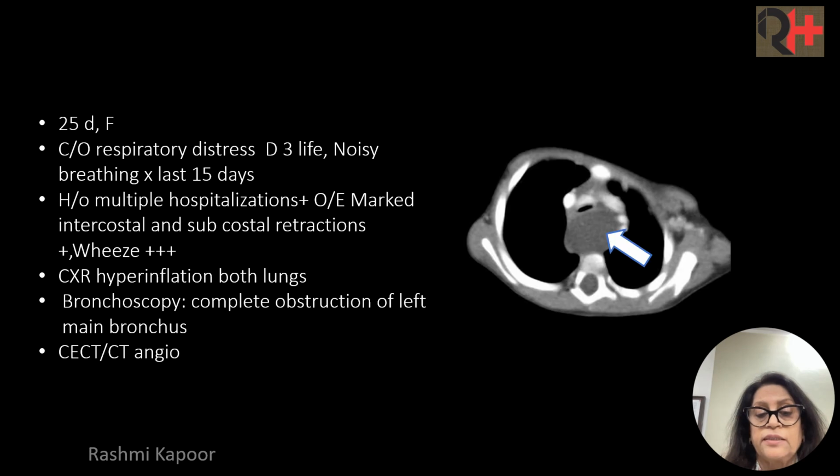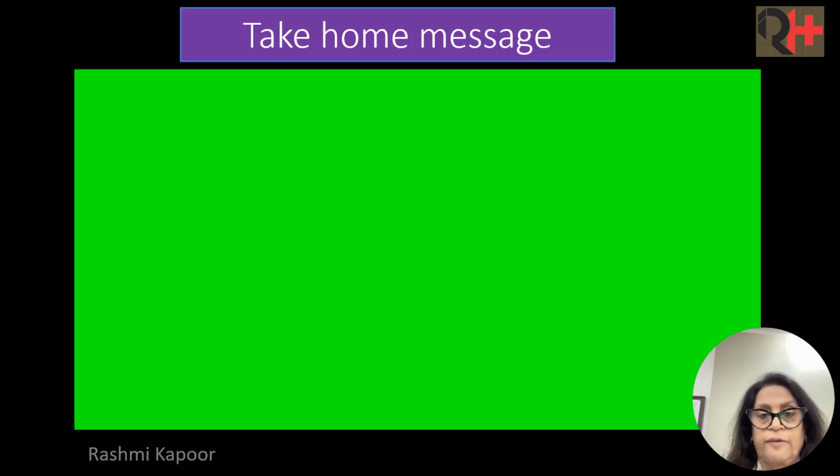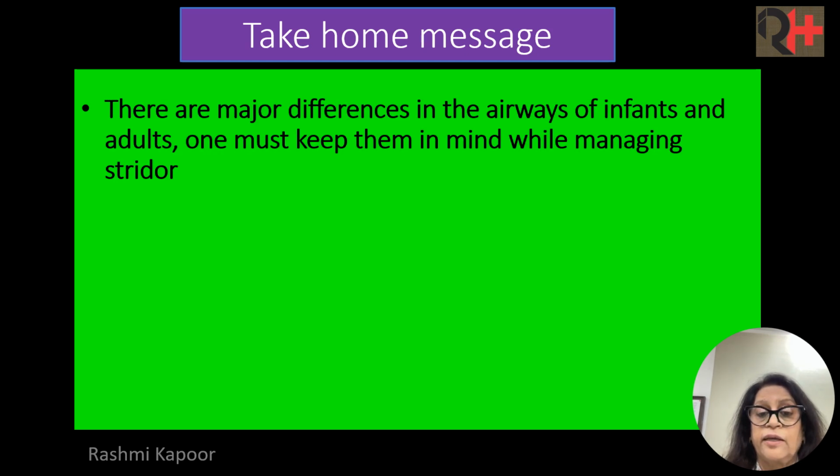So we did CT and CT angio. We saw a cystic mass compressing the trachea. It was a duplication cyst, and we landed up doing a surgery, and this child is fine.